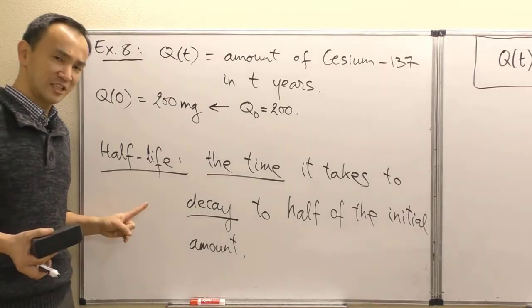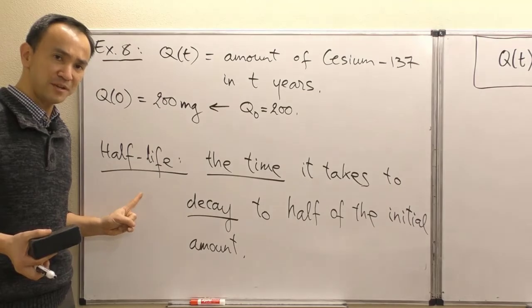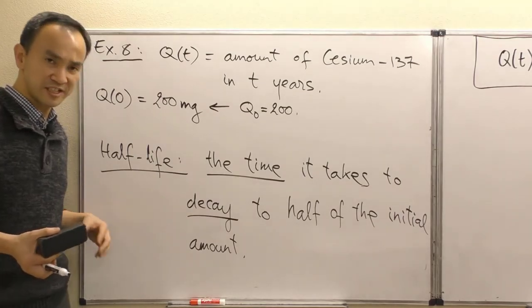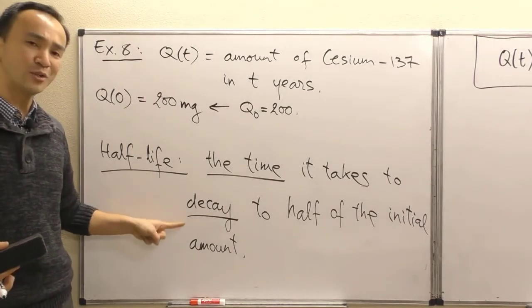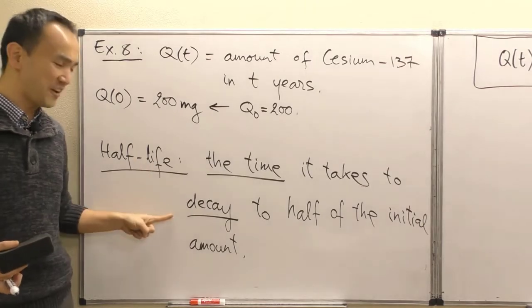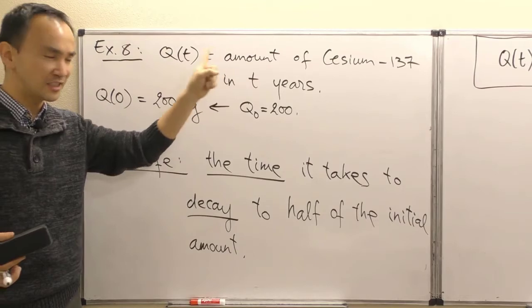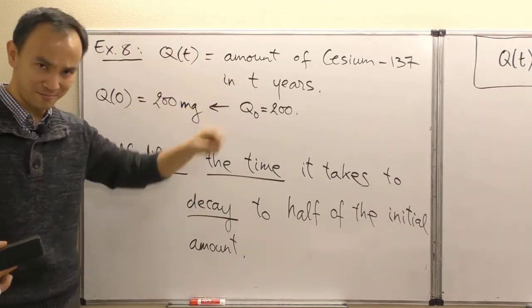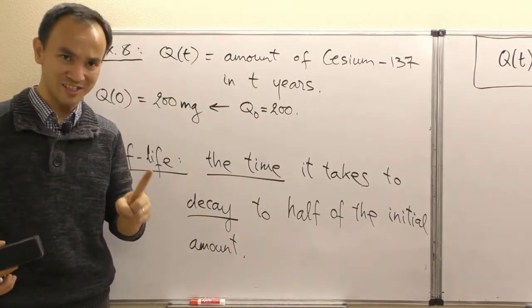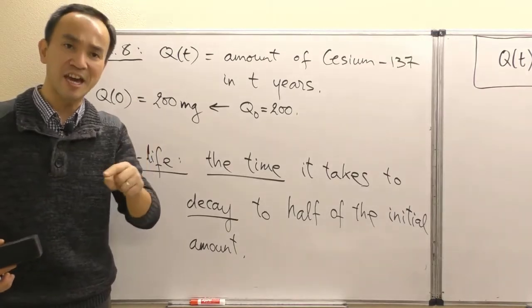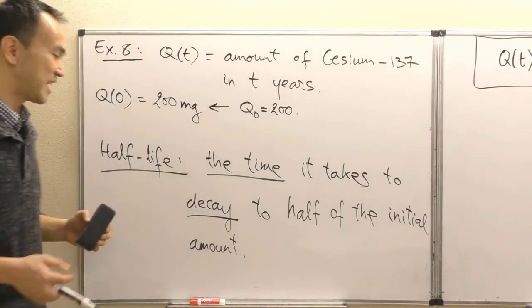Once you have copied it down, it also tells us another important fact. Pay attention to this word right here. That means throughout the process, we will lose quantity. So this is clearly going to be a decay process.